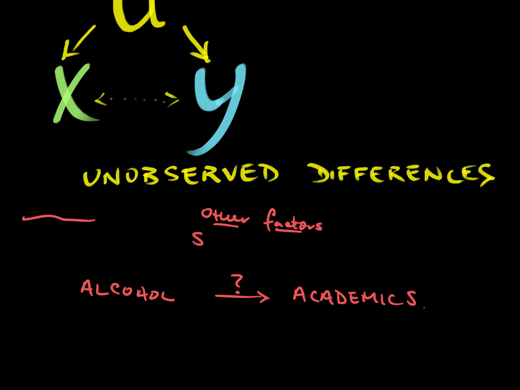It could be that alcohol causes sleep deprivation, and sleep deprivation causes worse academic performance. You can't enter REM sleep if you've had a lot of alcohol, and so that's the real problem.